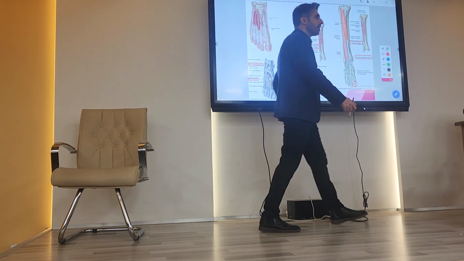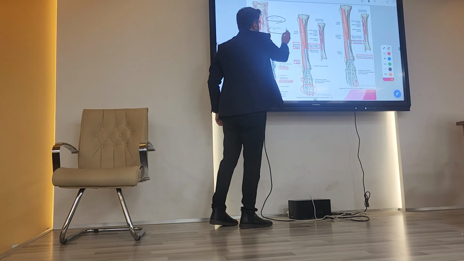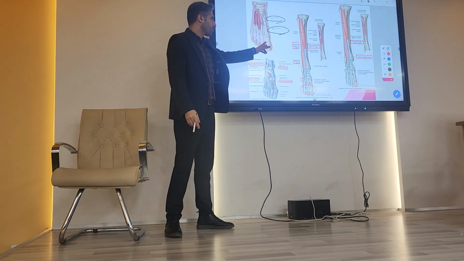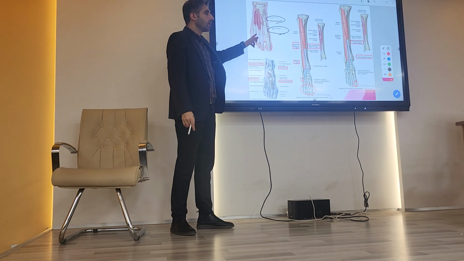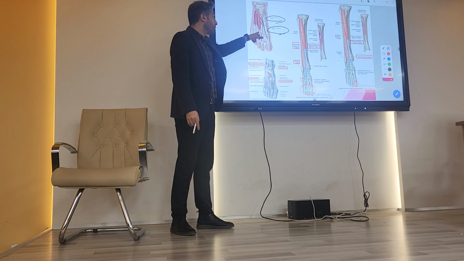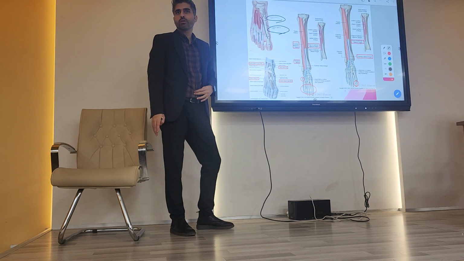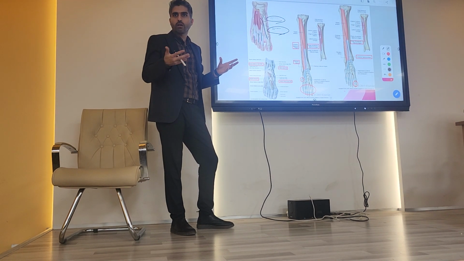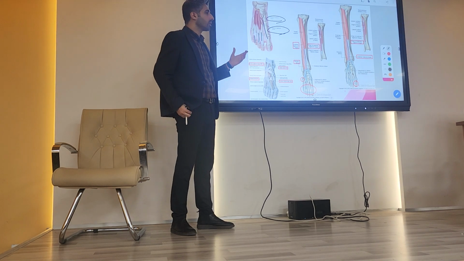What happened? Extensor hallucis brevis and extensor digitorum brevis were one muscle attached to toes number 1, 2, 3, 4. But for number 1 we say extensor hallucis brevis, and for number 2, 3, 4 we say extensor digitorum brevis. So it's not a typical condition. And what is the innervation?